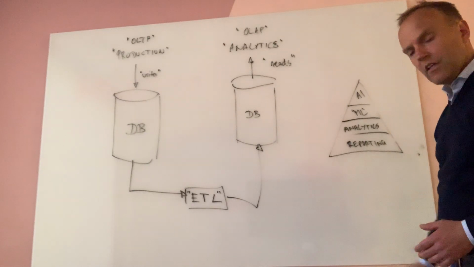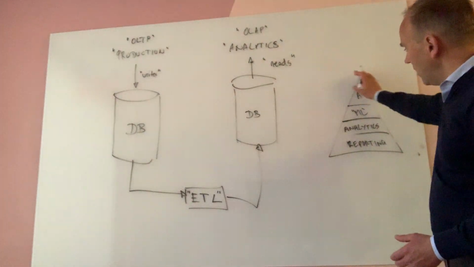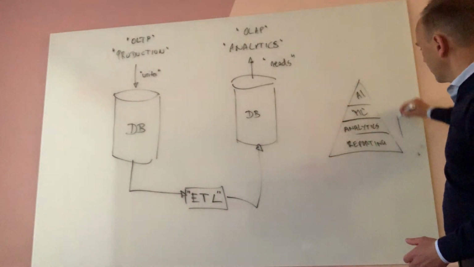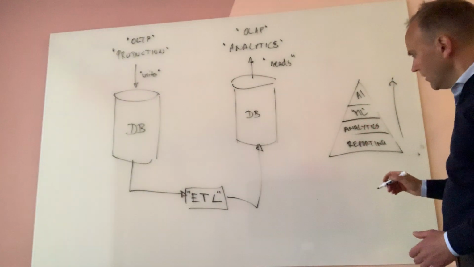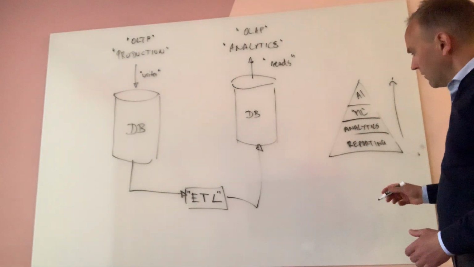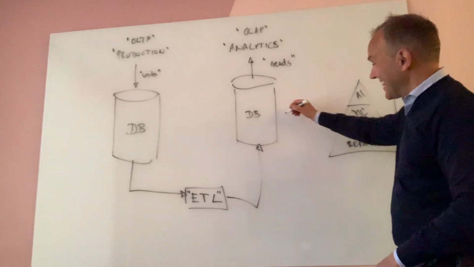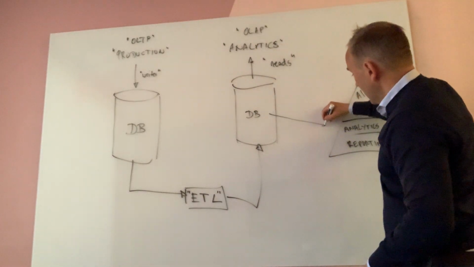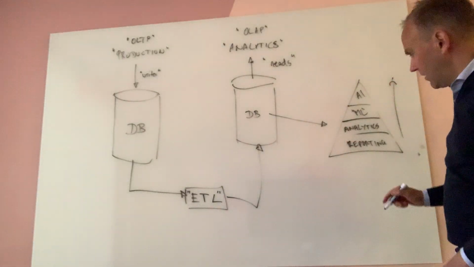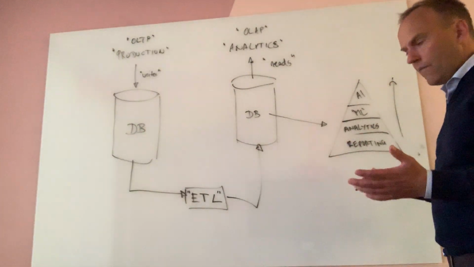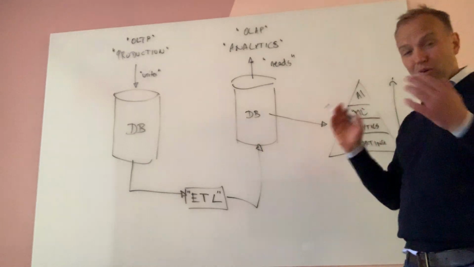So what all these things have in common is that, obviously, the further you go up, the more sophisticated it gets and the more data science is involved. But they all need lots of data, right? And part of that data comes from the data warehouse, because reporting needs data, analytics needs data, machine learning needs boatloads of data.